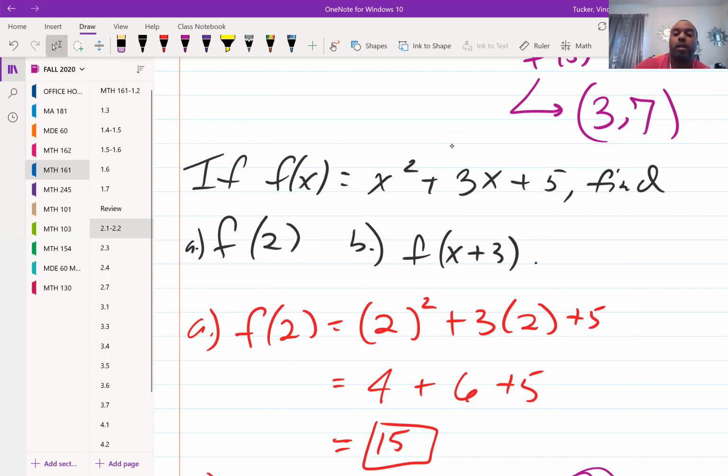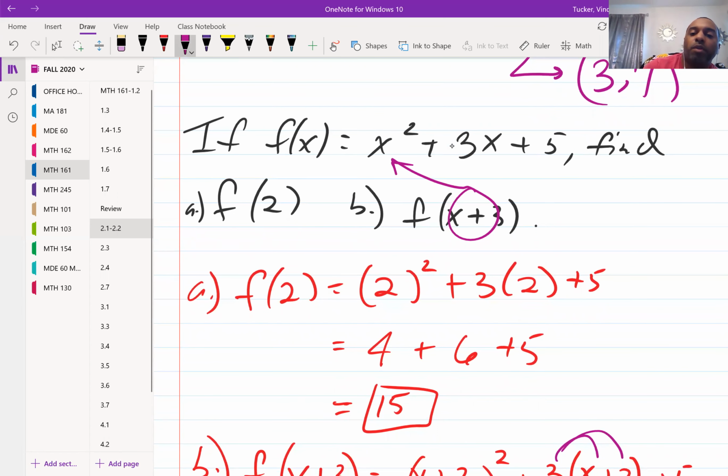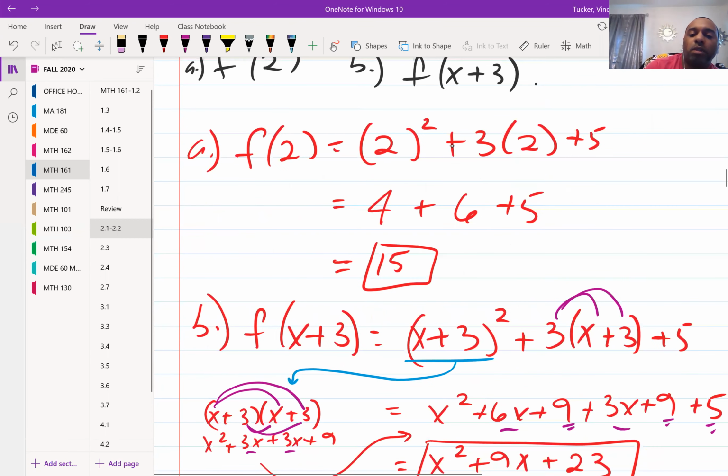Next one, we want to plug in x plus 3 where we see x in both cases here. So we have f of x plus 3 is going to be x plus 3 squared plus 3 times x plus 3 plus 5.